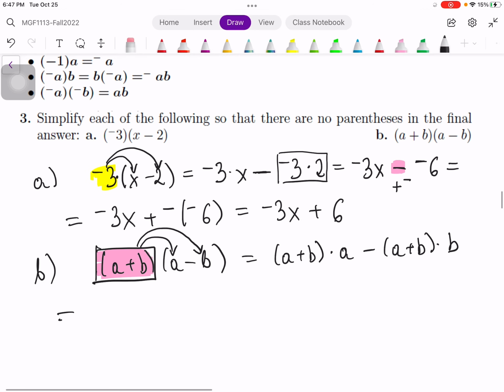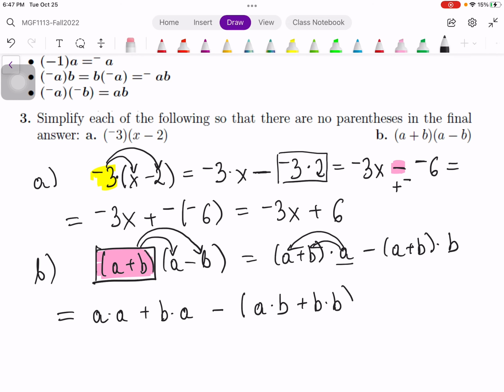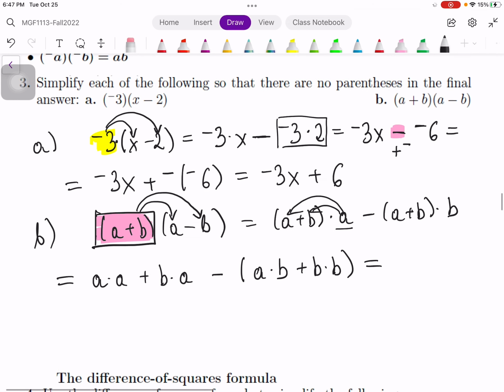Okay. Then I'm going to use the distributive property of multiplication over addition to distribute this multiplication by A. So A times A plus B times A minus, and here I will have A times B plus B times B, okay, which is really A times A is A squared.